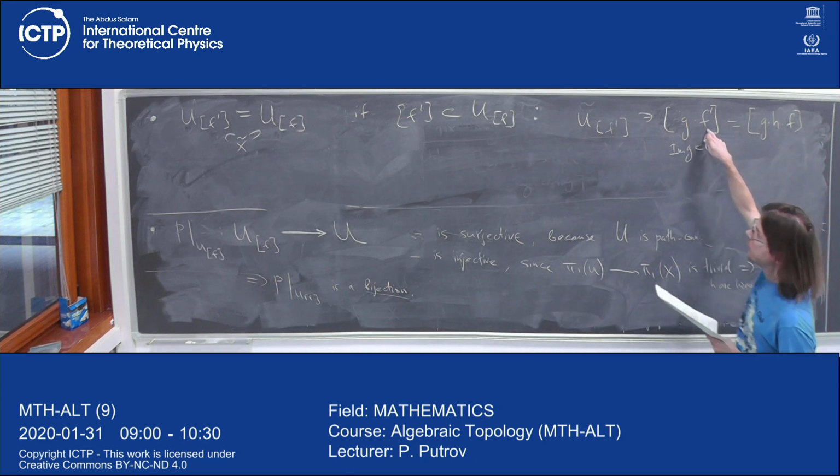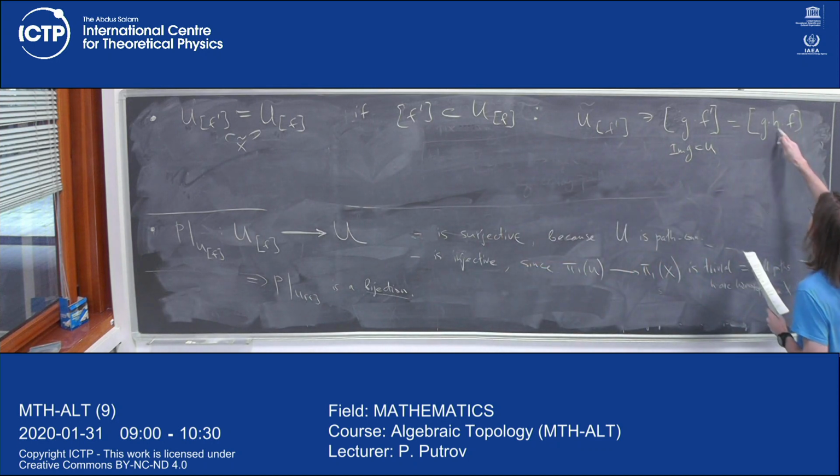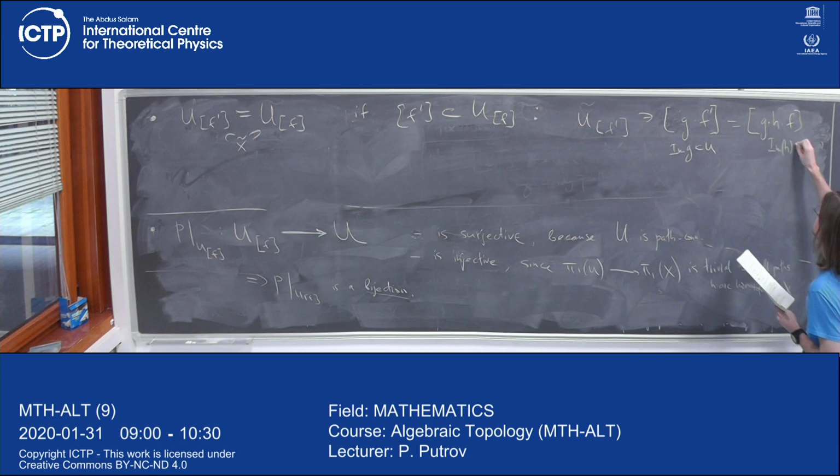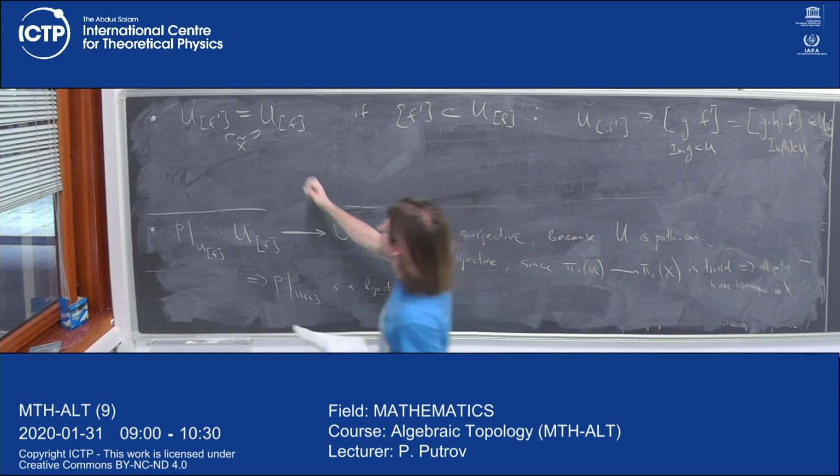We know from this condition that f prime belongs here, so it can be decomposed in this way: f times h, where h is also a path in U. And if I put my parentheses like this, since both the image of G and the image of H are in U, this gives me an element of the other set.